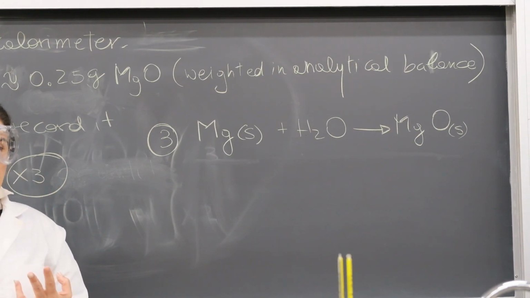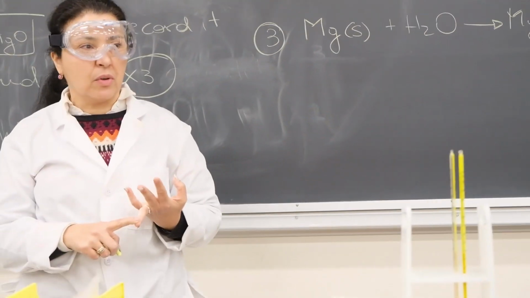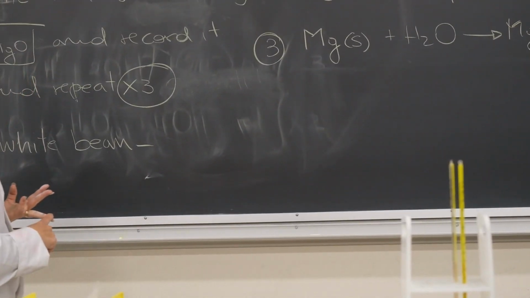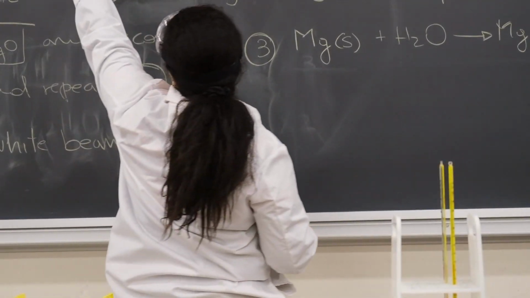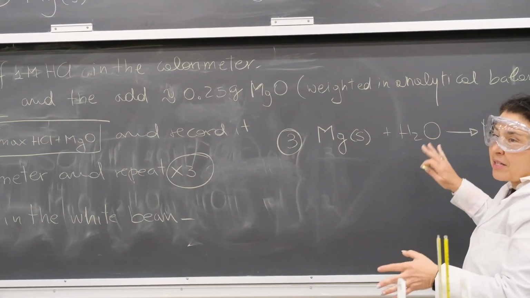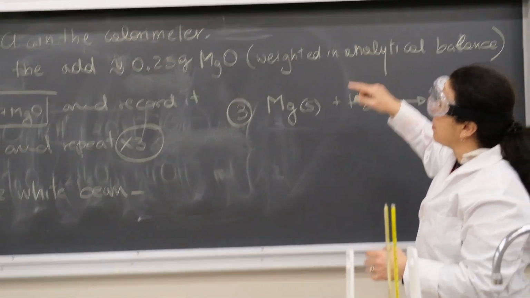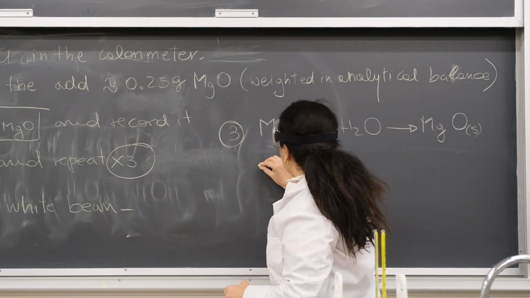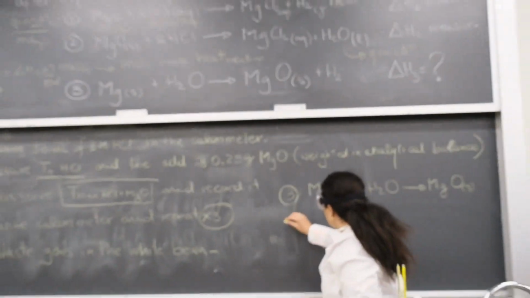It is an extensive property, it depends on the amount of reactants that we're using, right? So I can switch around these reactions so that some parts cancel out and the final product is what we have here. So this is reaction 3.